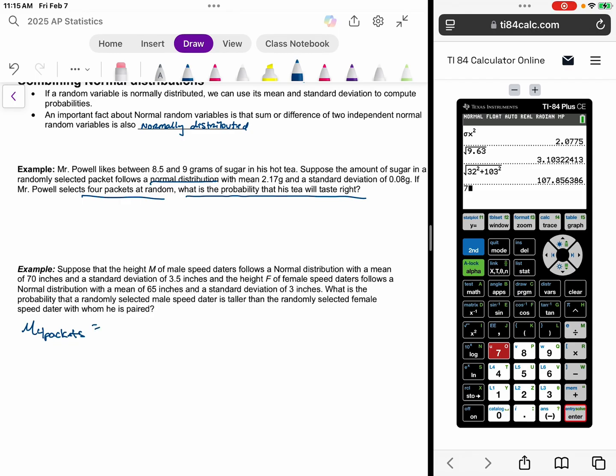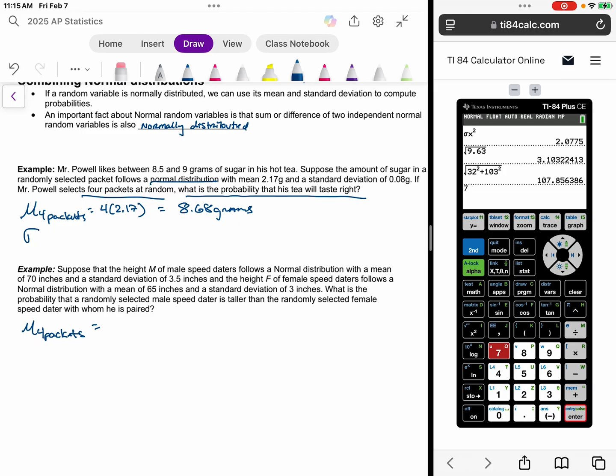Again, we have learned that we can just add means together. So the mean of 4 packets is 4 packets times 2.17. You can do 2.17 plus 2.17 plus 2.17 if you want. But that gives me 8.68 grams.